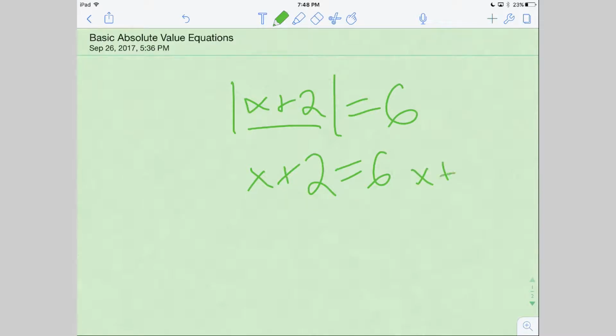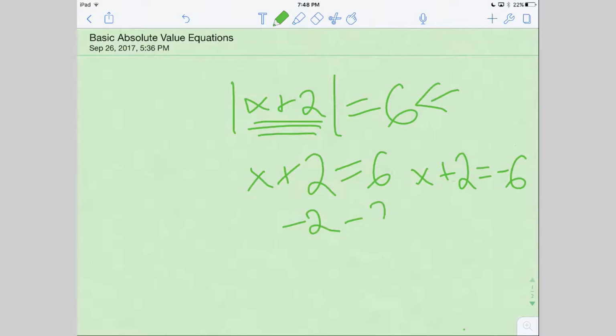Or you could say that x plus 2 equals negative 6, because in that case, the entire thing inside the absolute value is negative 6, and when you take the absolute value of that, it becomes the 6 that we want. So now we basically just have to solve both of these equations like normal.